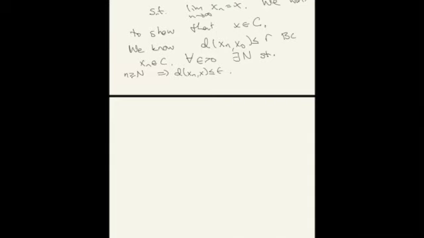From this, for all n greater than or equal to N, if we look at the distance from x to x naught, by the triangle inequality we can compare x and x_n, and then x_n and x naught. The first one is very small, epsilon, and the second one is at most r.